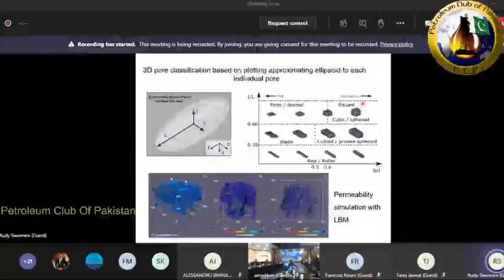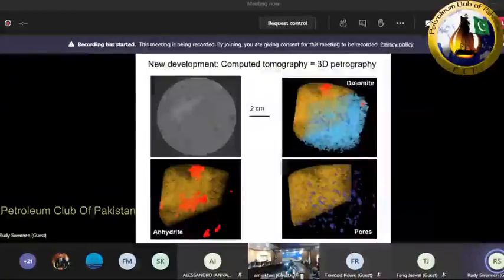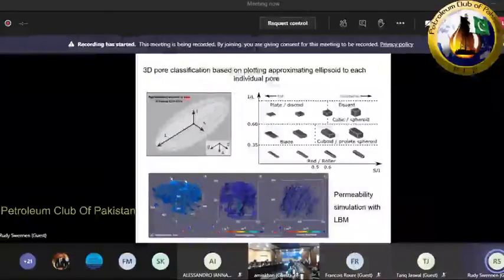What also is interesting is that if you have these types of pore distributions, you can plot inside these voxels, where the pores are, a kind of approximate ellipsoid with a longest axis, an intermediate axis perpendicular to it, and a smallest axis. This allows you to work out a kind of classification where you plot the intermediate over the longest axis versus the smallest over the intermediate axis.